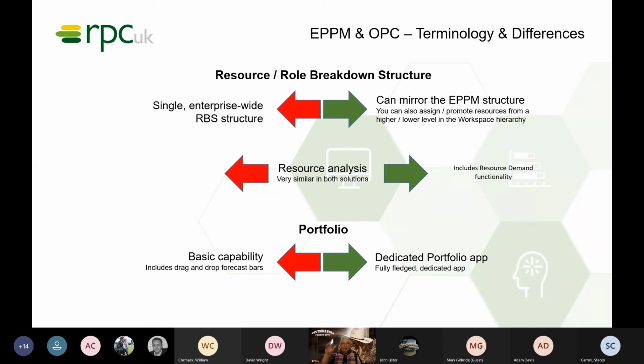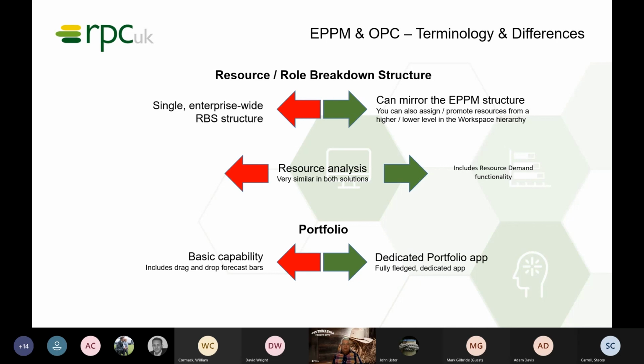Or you can just have the higher level and you can roll it down. In terms of resource analysis, very similar. You get very similar resource and role analysis, histograms, stacked histograms, tabular views as well. And in OPC, it also includes resource demand functionality.